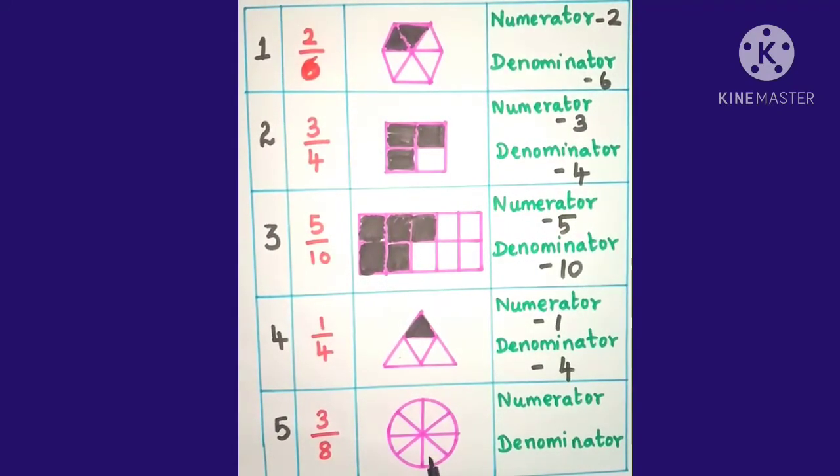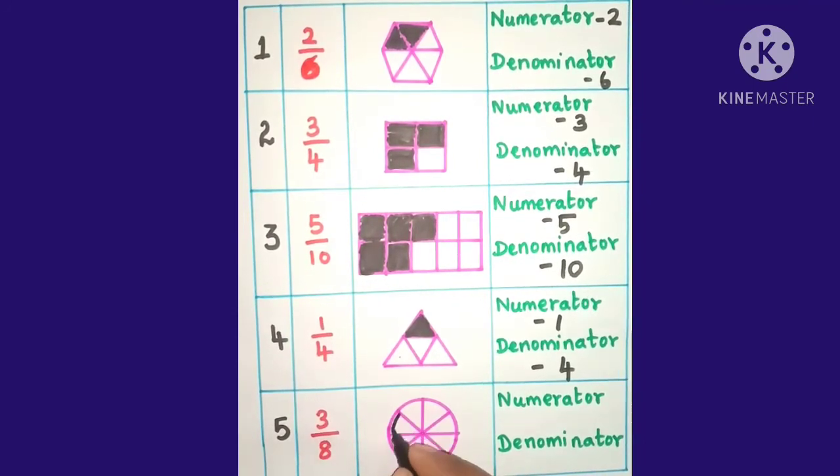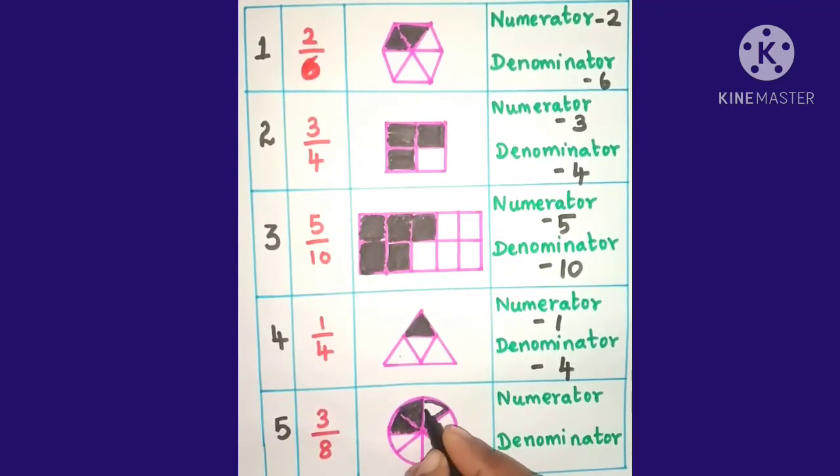And here children, see the circle shape. Here totally there are 8 parts, 1, 2, 3, 4, 5, 6, 7, 8. And from the 8 parts we are going to shade 3 parts. 1, 2 and 3.